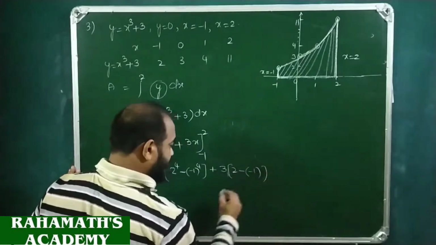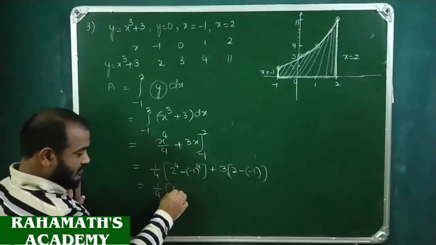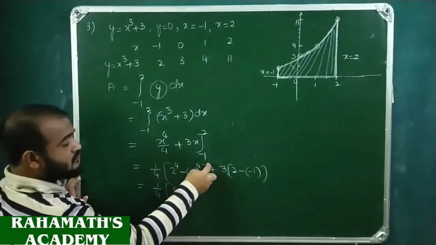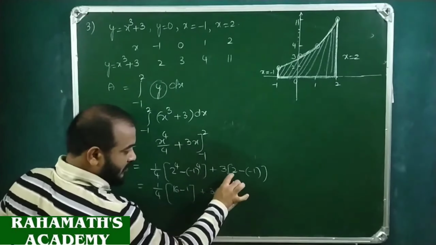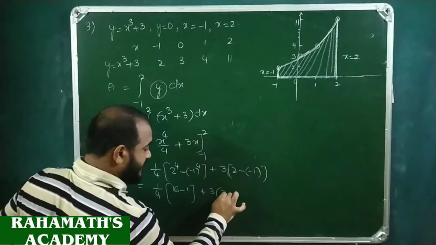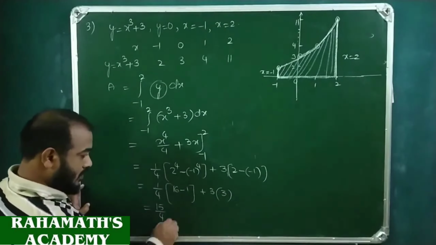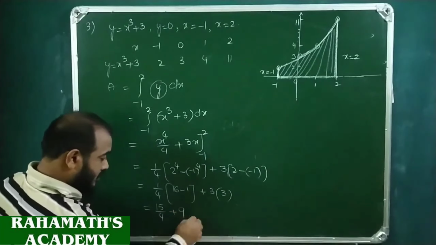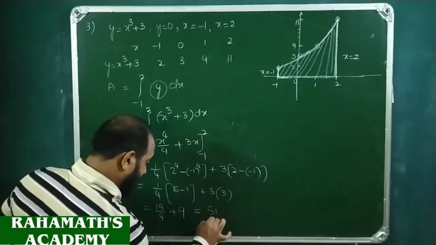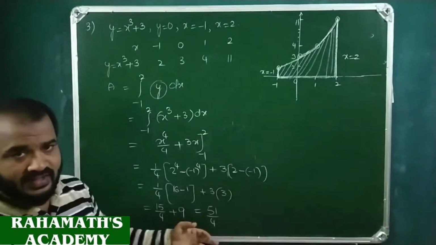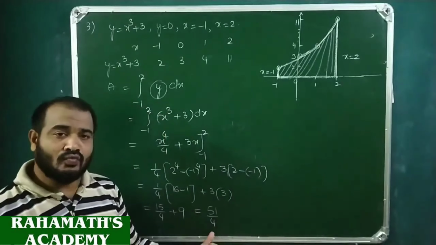So this is equal to 1 by 4, 2 power 4 is 16, minus 1 whole power 4 is 1 only, plus 3 into 2 minus of minus 2 plus 1 which is 3. That is equal to 16 minus 1, 15 by 4, plus 3, 3s are 9. So this is equal to 4 9s are 36 plus 15, 51 by 4 square units. Area is represented in square units. 51 by 4 square units.